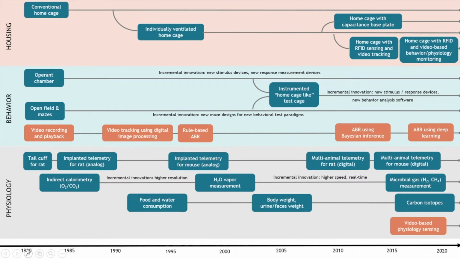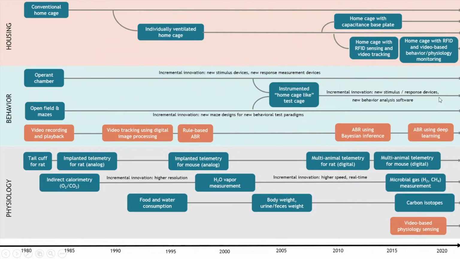Along the x-axis, you see a timeline from 1980 to 2020. That's an arbitrary period that I can oversee relatively well. My personal involvement in this field started in, say, the end of the 80s, early 90s. So this is the period that we'll be covering in these 15 minutes. There's no time to discuss everything in detail, so I will be a bit selective.